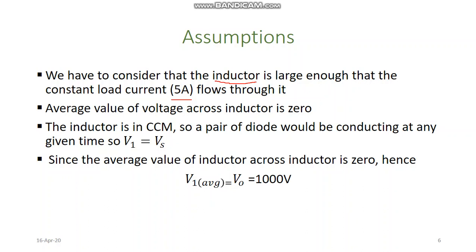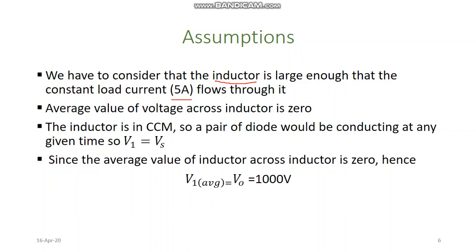Whatever the value of the load current, the inductor should be able to hold that value, and the average voltage across this inductor should be 0. That is, there is no voltage drop across this inductor.